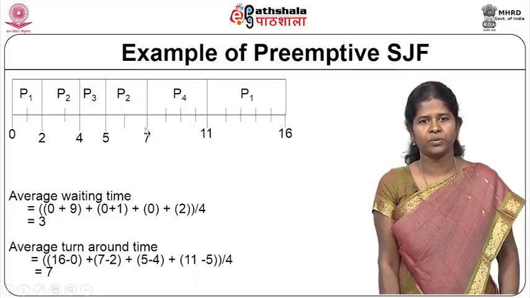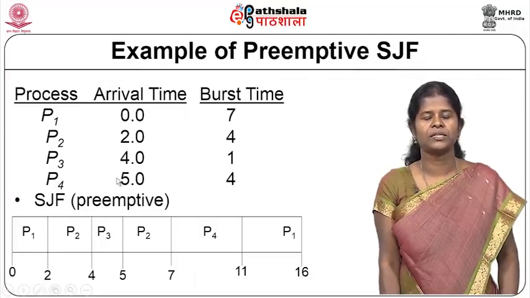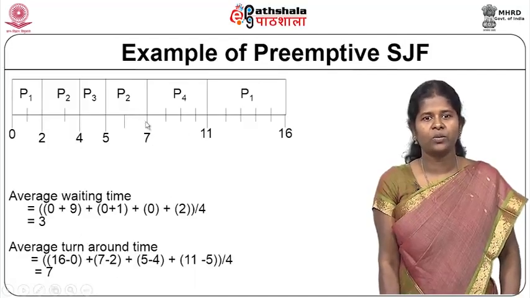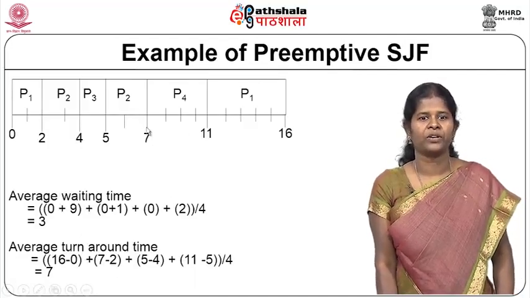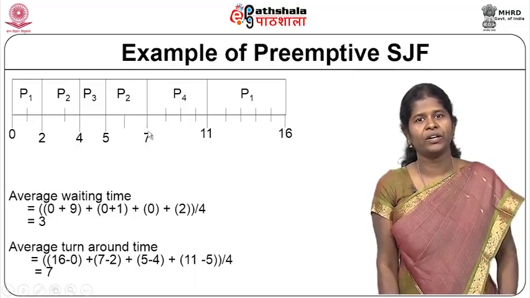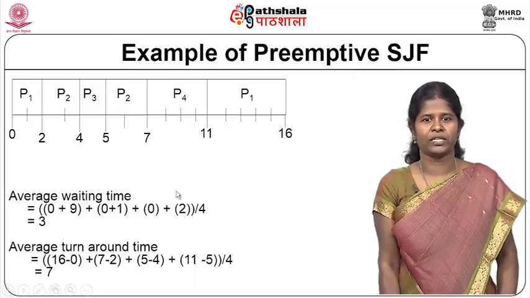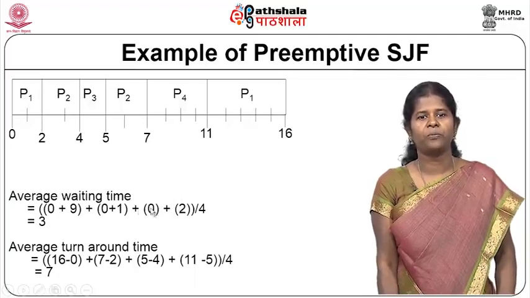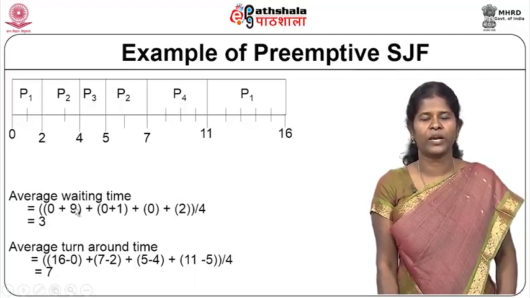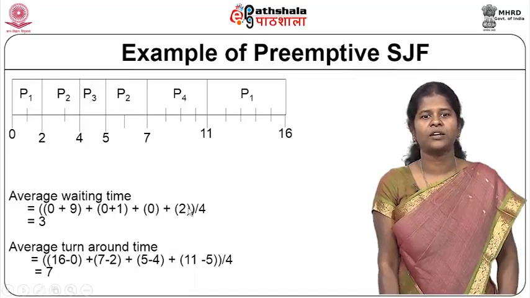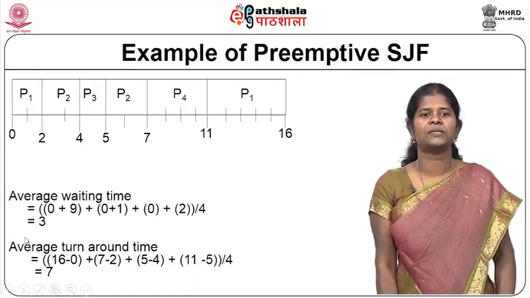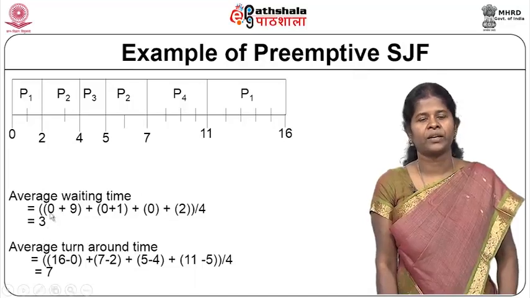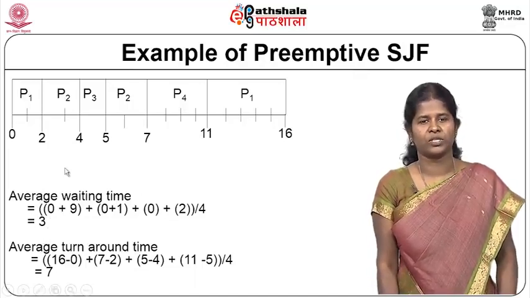For P4, the arrival time is t equal to 5 and it got scheduled only at t equal to 7. So, from 5 till 7 P4 was waiting, for 2 milliseconds. Now, finding the average of the waiting time of all the processes, you get the average waiting time as 3 milliseconds. Now, we will calculate the average turnaround time.